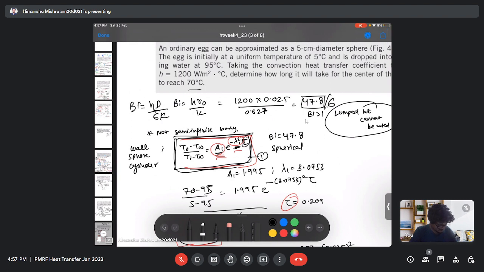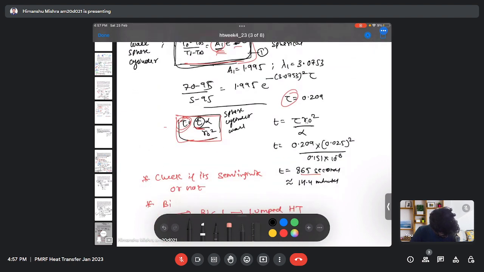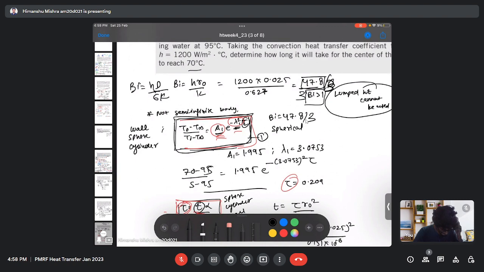But you have used only the radius, so it will be divided by 3 then. Even if we divide it by 3, the Biot number will still be more than 1. I just wanted to clarify that instead of R naught we should have D by 6, isn't it? Yeah, D by 6 or R naught by 3. Okay, yes.